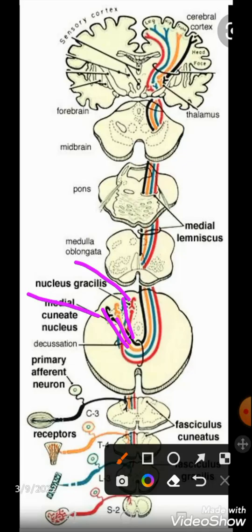They run anteriorly and medially and cross towards the opposite side to form the medial lemniscus, and they ascend in the medulla oblongata, then into the pons and the midbrain, and reach the thalamus in its particular nucleus, which is the ventral posterolateral nucleus of the thalamus, and from here they reach the cerebral cortex, the sensory cortex, right?